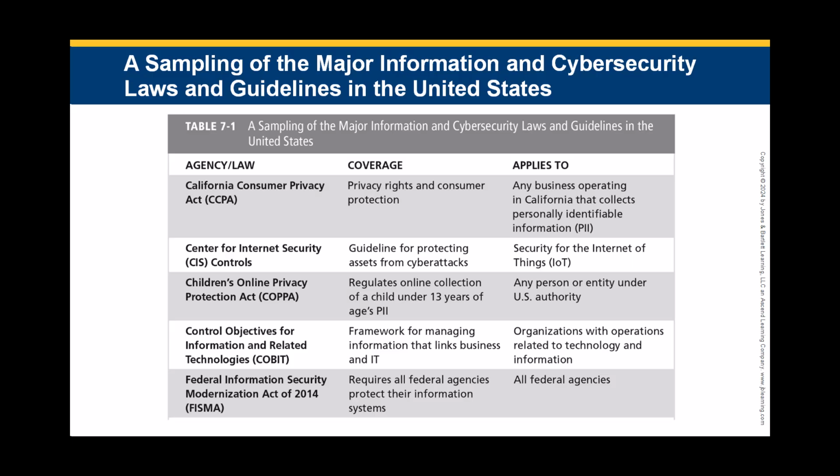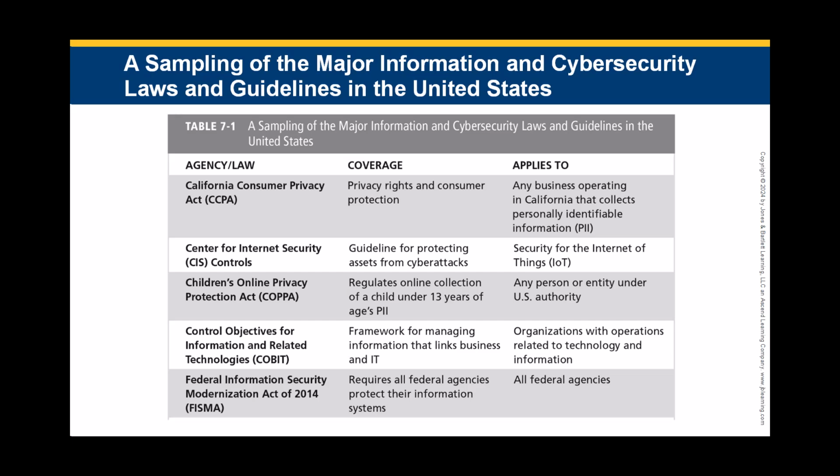Let's start with the California Consumer Privacy Act, or CCPA. This law focuses on privacy rights and consumer protection. Any business operating in California or doing business with California residents that collects personally identifiable information must comply.